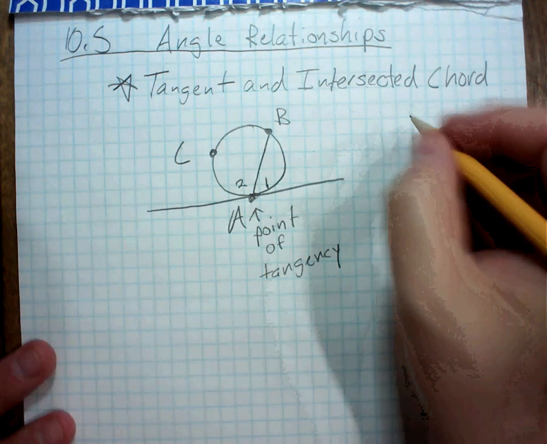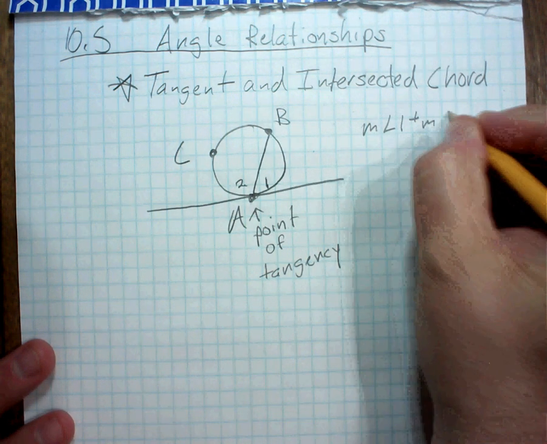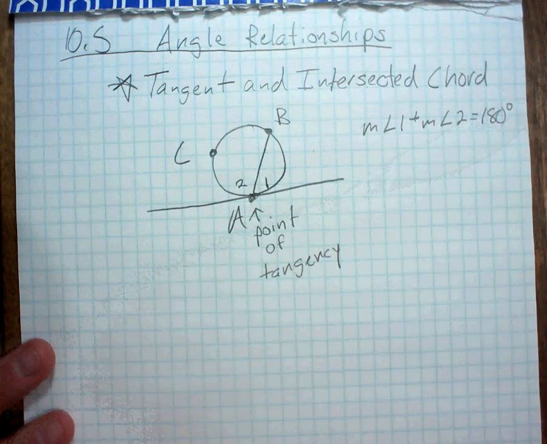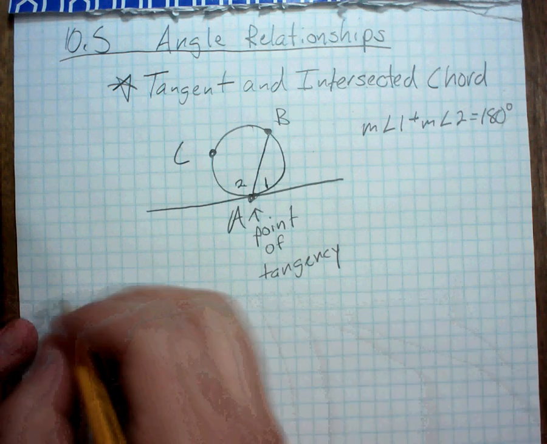So first of all, the measure of angle 1 plus the measure of angle 2 is equal to 180 degrees. Okay? So those are supplementary. It's a linear pair. But that also has a relationship.